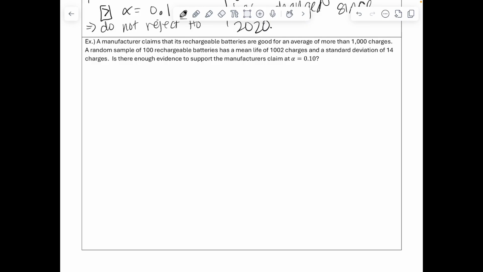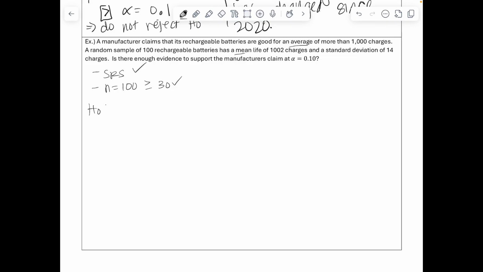So for this one, we are dealing with mean. So there is the manufacturer claiming that they are good in the average amount. So checking the requirements as they're not yet checked. These have to be a simple random sample, and N, which is 100, has to be greater than or equal to 30. So check on both of these.